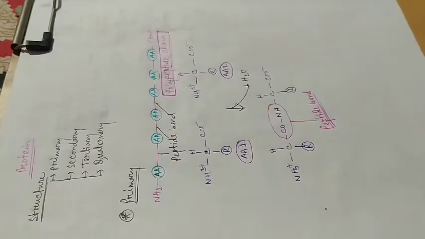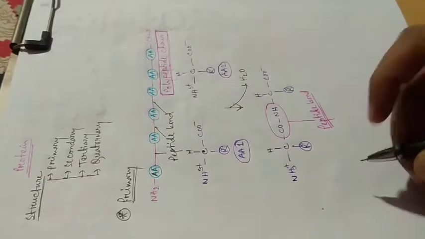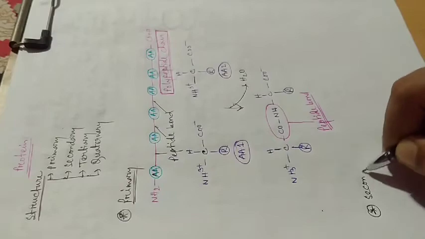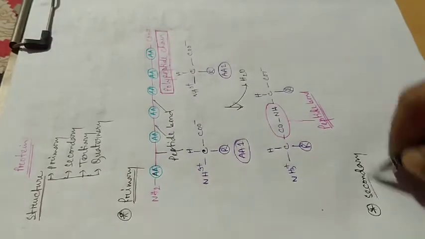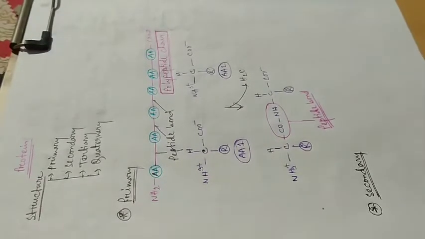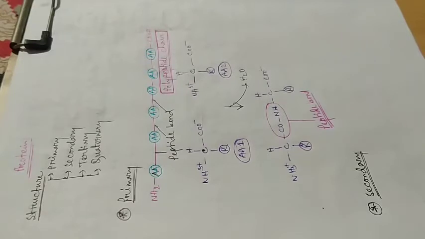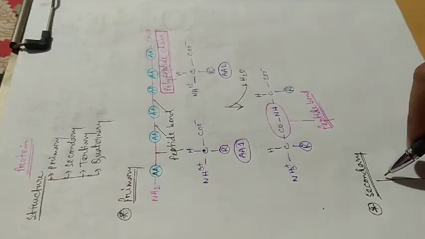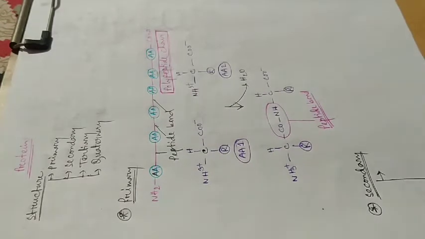Then the secondary structure. Next, the secondary structure of protein. How does it form? When the polypeptide chain is formed, it is arranged in a specific manner, and the secondary structure is also differentiated into three groups.